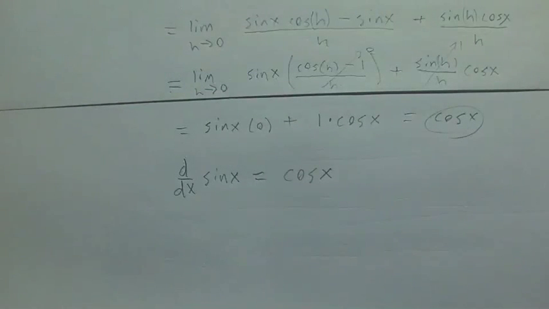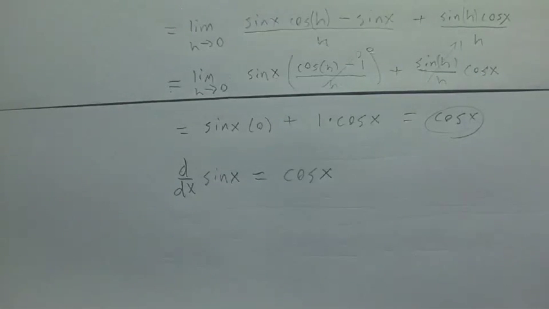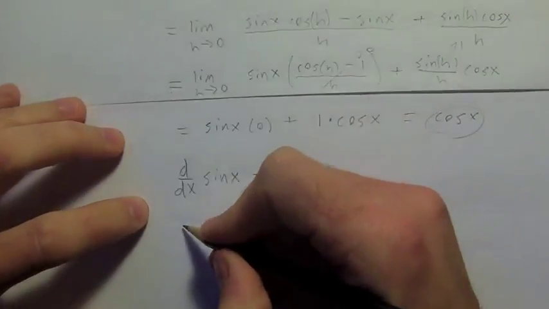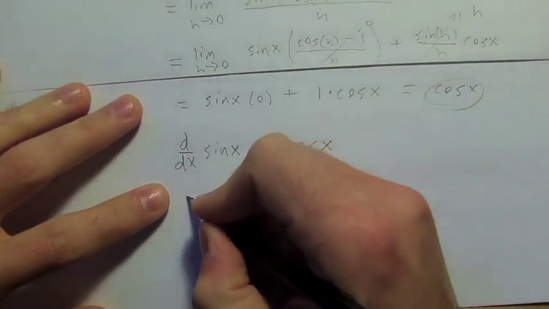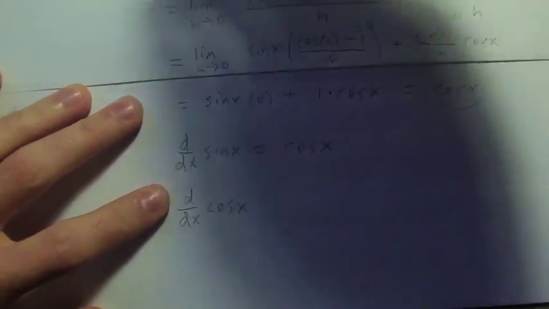That's a very interesting result, I think, that when you take the derivative of one trig function, you get the co-function. Okay. Now, the derivative with respect to x of cosine, well, you could do all this work over again.